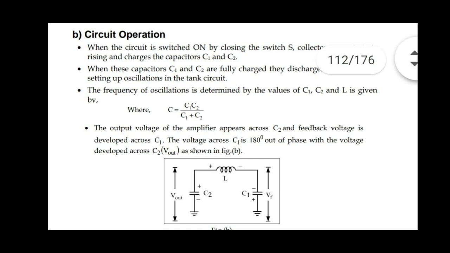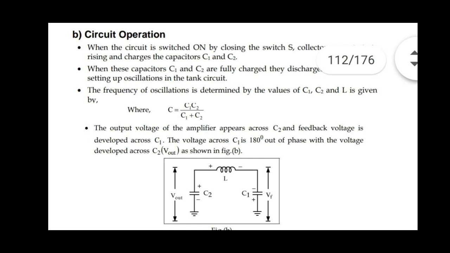So C1, C2 in series gives the combination C1 C2 by C1 plus C2. The output voltage of the amplifier appears across C2 and the feedback voltage is developed across C1.